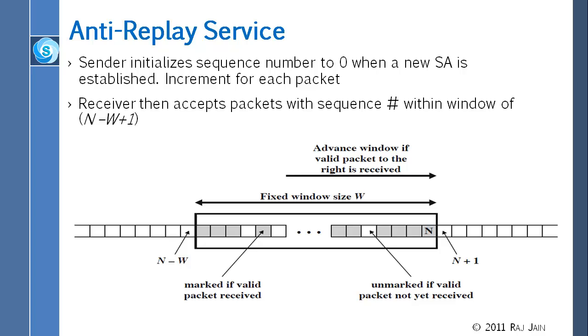So these packets are kept out of order in some sense, these white spaces are still not received, and these out of order packets are being kept hoping that we will get them, and then we can move the window up. At some point you might time out and you might get a retransmission or whatever. All right, so that is the anti-replay service.